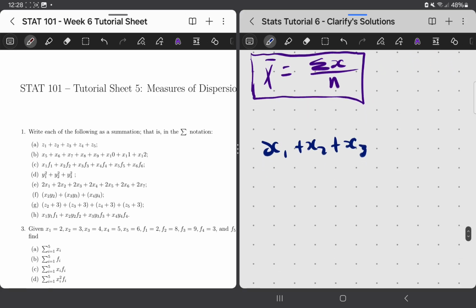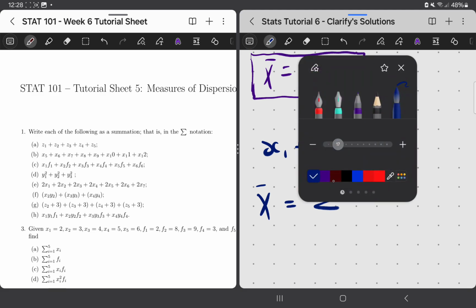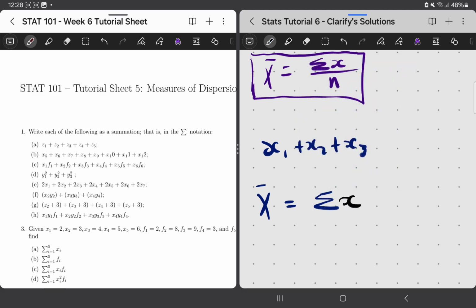I only have 3 x values. Then when I say my mean, I can say this is going to be the summation. Now that I know how many x's, I don't just say sum of x, okay? I will now say sum of x, and I'll put this i to say I'm about to tell you how many they are, and I'll say from 1 up to 3. So I'm adding these x's from x1 up to x3.